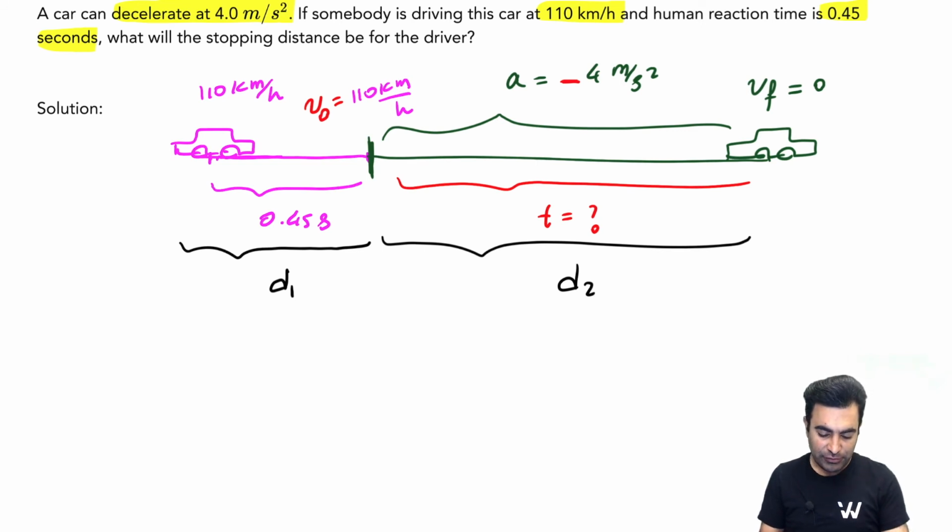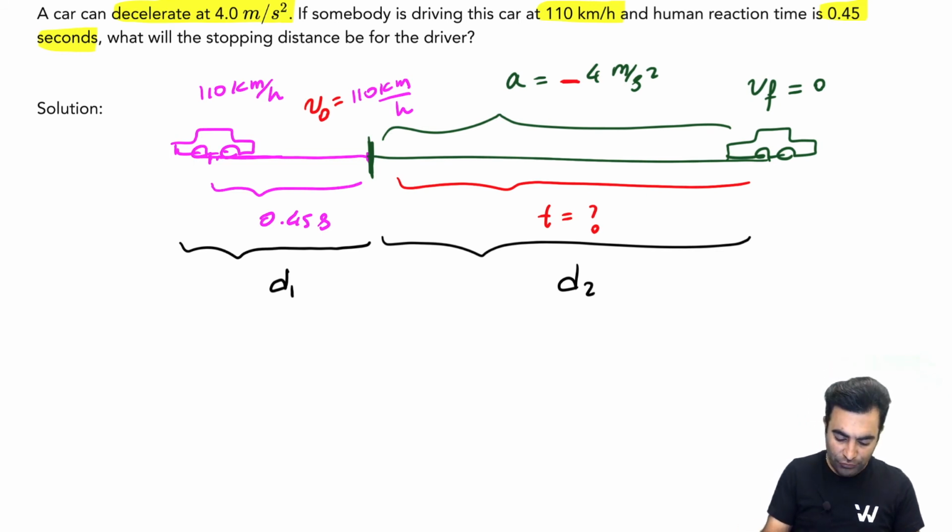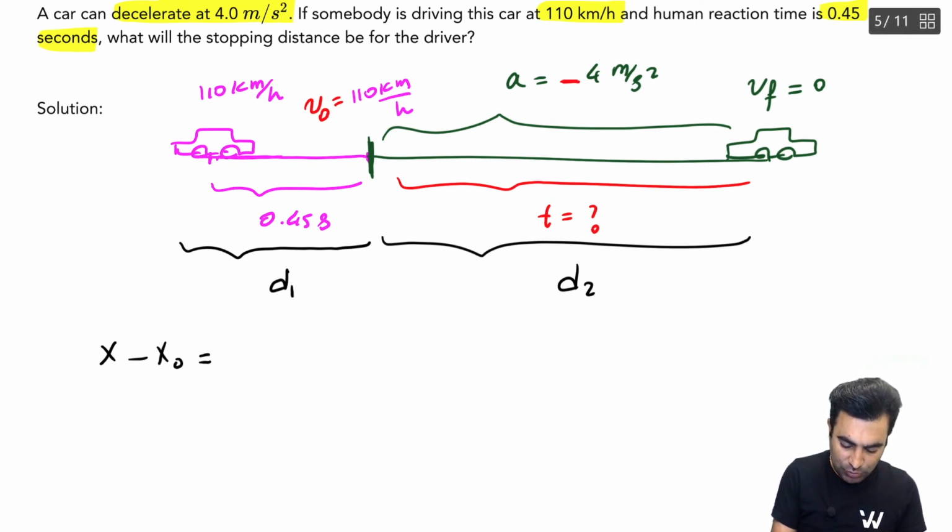In the first part, in the reaction time period, the car is still moving at a constant speed of 110 kilometers per hour. There is no change in the speed. As a result, we have a motion with constant velocity. For motion with constant velocity, we have only one single equation: x minus x naught equals speed multiplied by time.